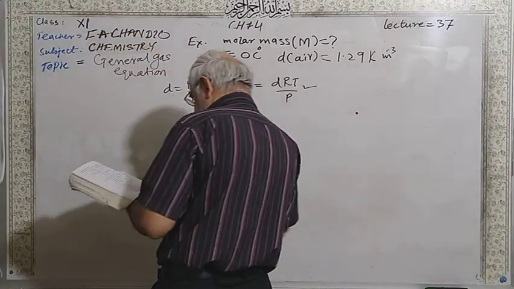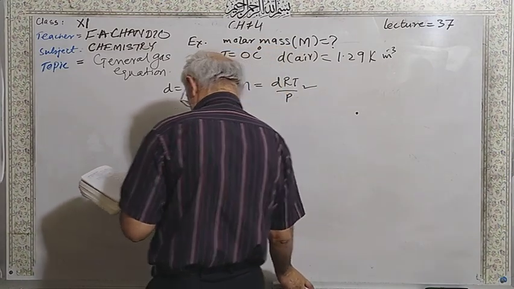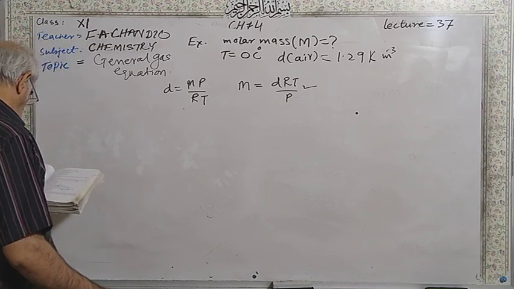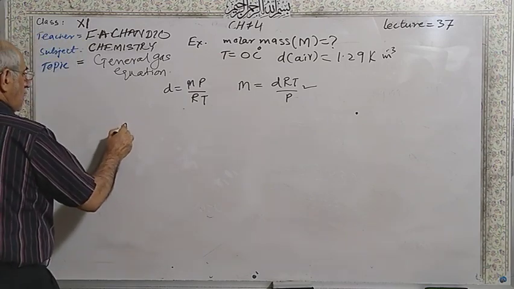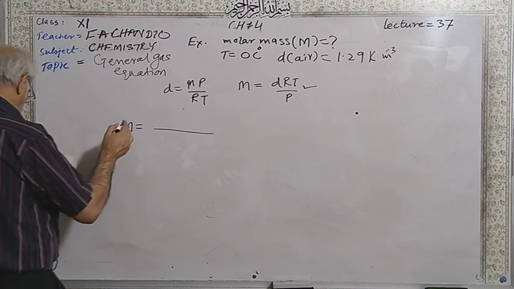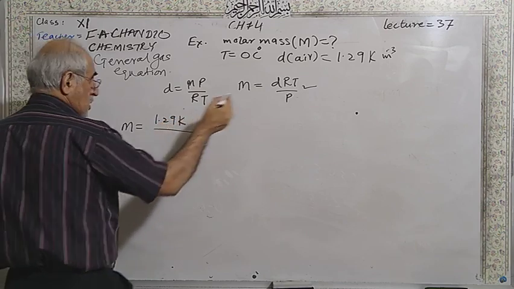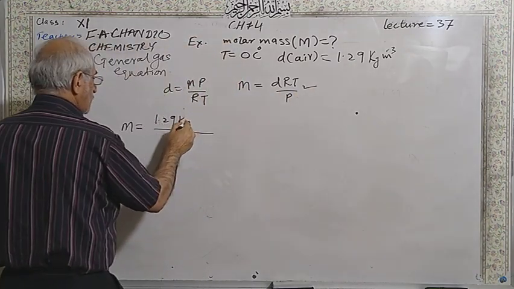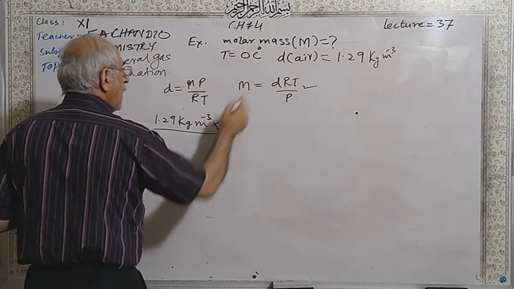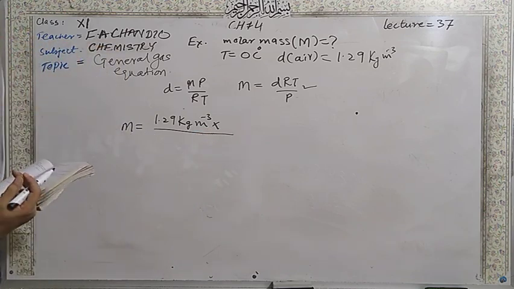So put the value: density of the gas is 1.29 kilograms per meter cube, multiplied by the R value.